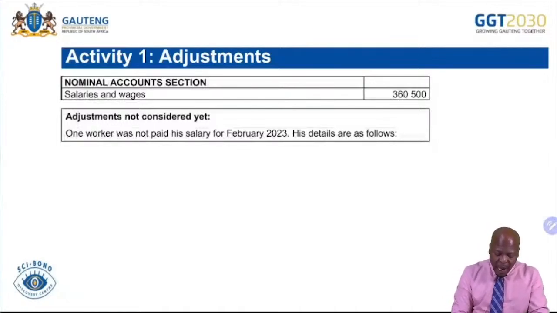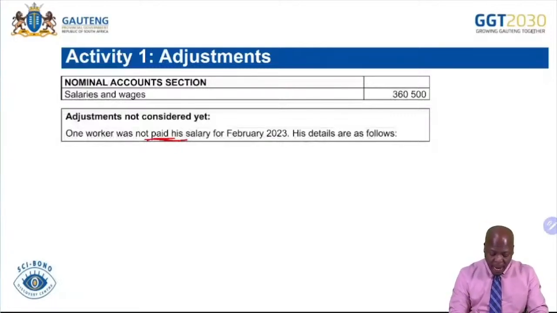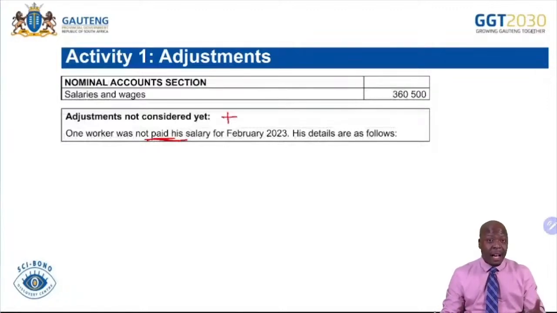So the moment a worker is not paid, that means this is an expense that is owing. Already in my mind, I know this is an expense that has not been recorded. So I must come, and I already know that my sign is going to be a plus. I'm going to be adding certain amounts.